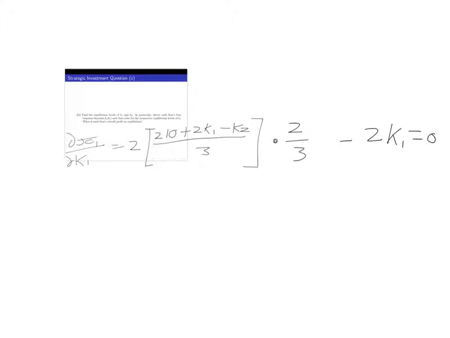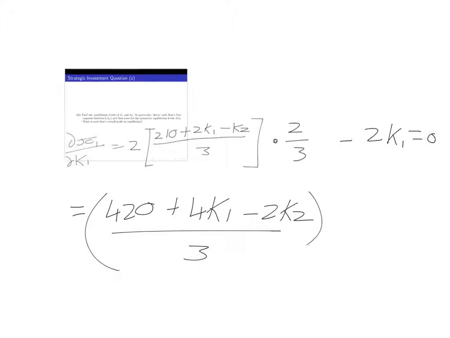And then if you solve that, it's going to be 420 plus 4K1 minus 2K2 over 3 times 2/3 minus 2K1 equal to 0.